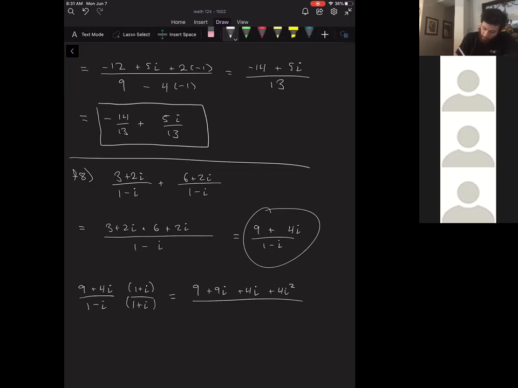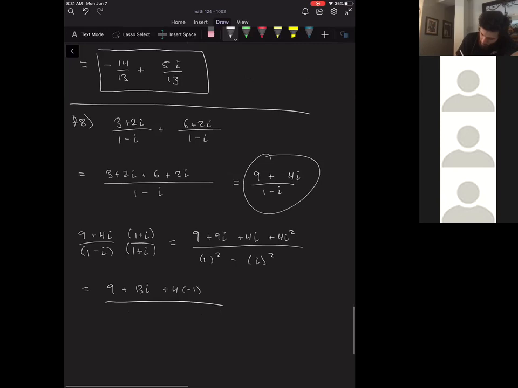Now on the bottom, again, here's a minus b, here's a plus b. So we're going to do a squared, which is 1 squared, and then minus b squared, which is i. So minus i squared. Okay, so what does this equal? On the top, we have 9. 9i plus 4i is 13i. And then 4i squared, so 4 times minus 1.